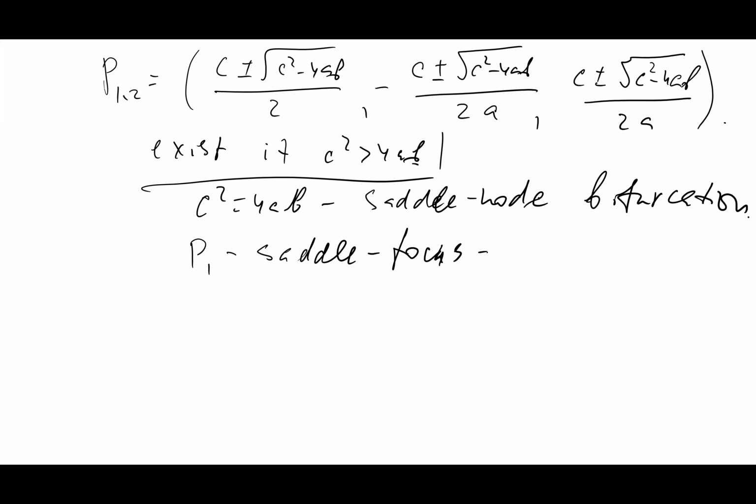which is a combination of an unstable focus, so we have two eigenvalues which are complex conjugates with positive real part, and one negative real eigenvalue: unstable focus with a stable manifold.